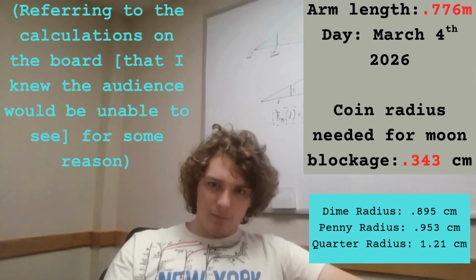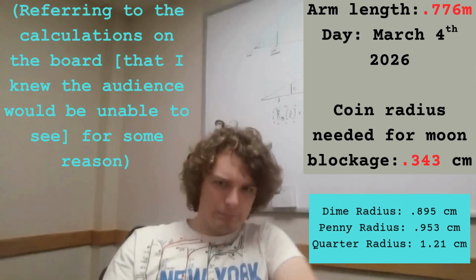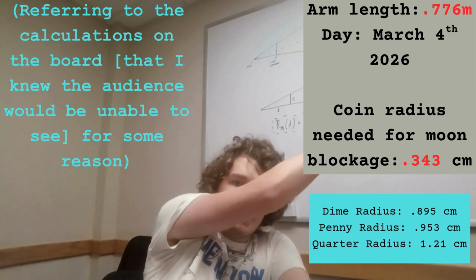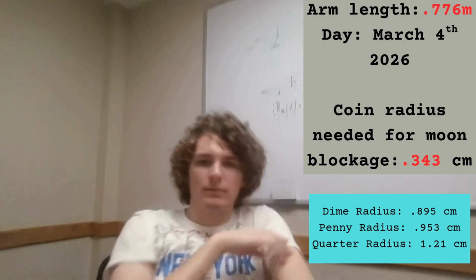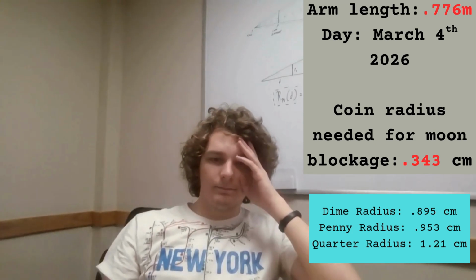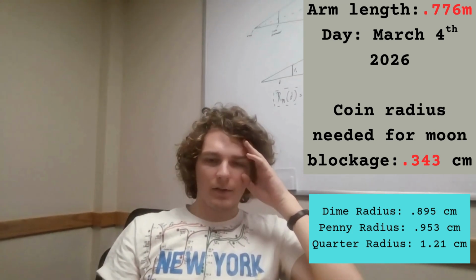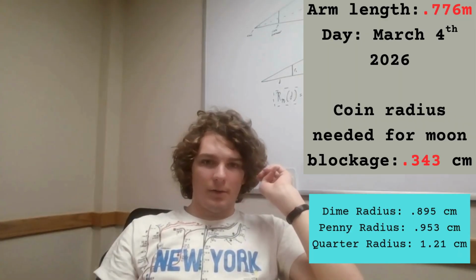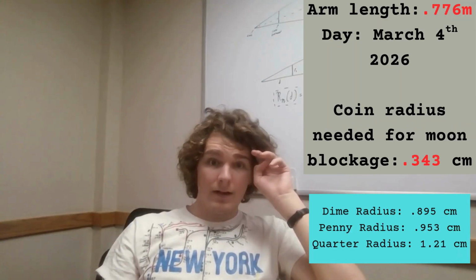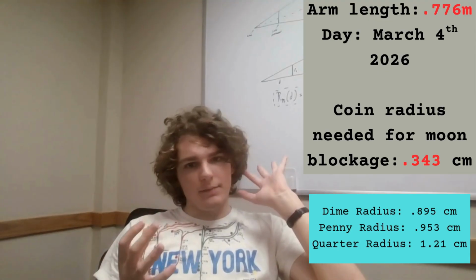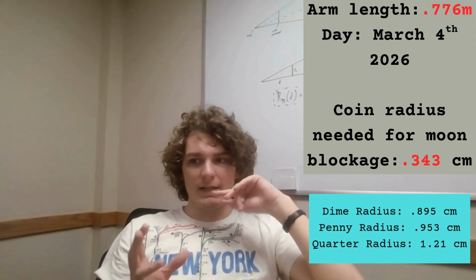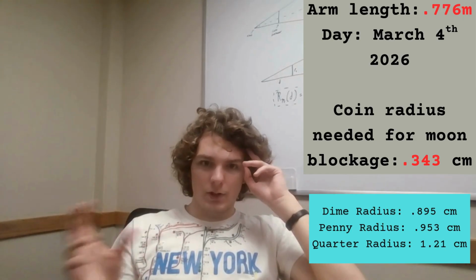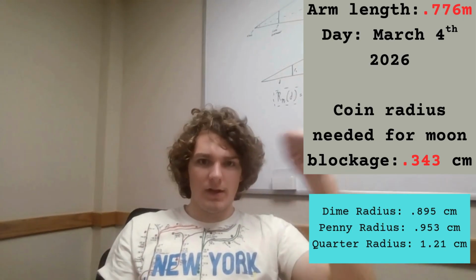Much like in the actual video that I just showed you, where this is 3.3 centimeters, so 0.003 meters compared to 0.008. So about 2 times the size is what the coin should be compared to the moon, which we see here.